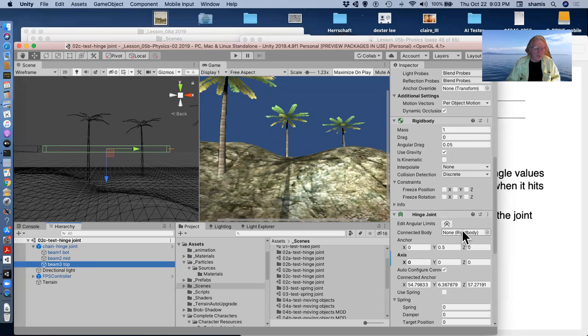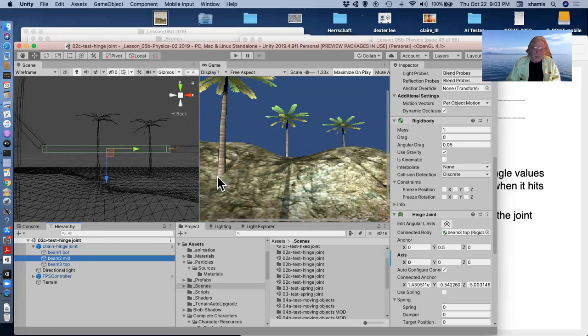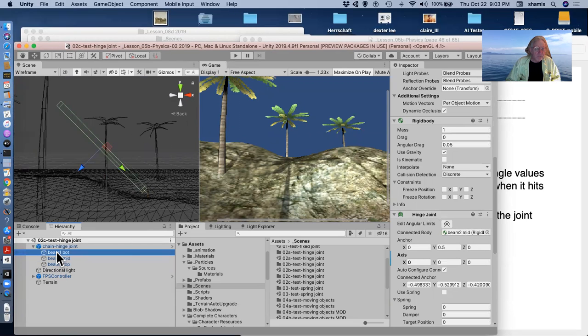So it's connected to the world. And you can see where its little axis is. And the middle one is hinged to the top, and the bottom one is hinged to the middle. And they're each connected here at these different spots.